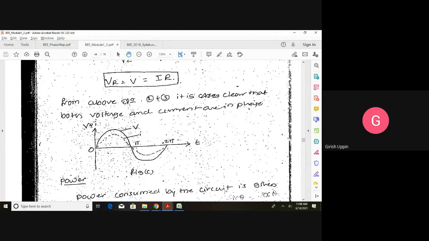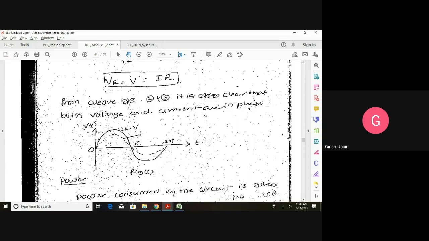And what is the current phase? The current phase is also 0. So that is how when voltage starts, the current also starts. Both voltage and current have the same phase here, both are having a 0 phase, which means in case of a pure resistance, they will be in phase.